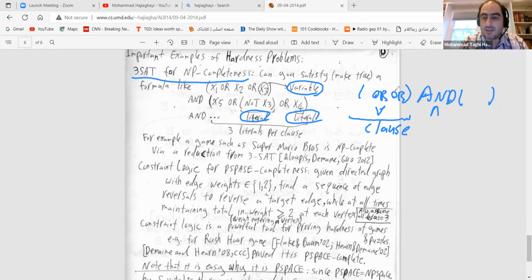Each clause has several literals, and we have an AND of clauses. In the 3-SAT problem, each clause has 3 literals. So 3 literals per clause is called a 3-SAT problem.